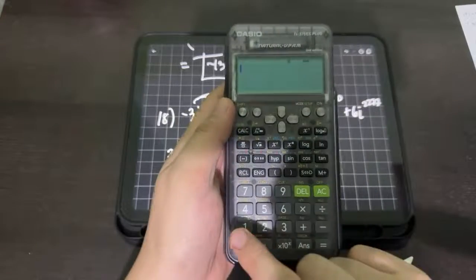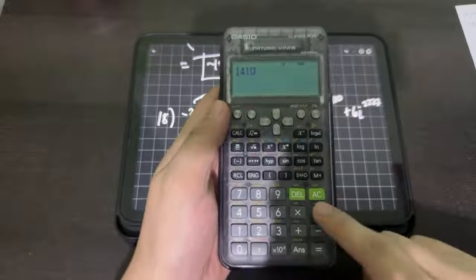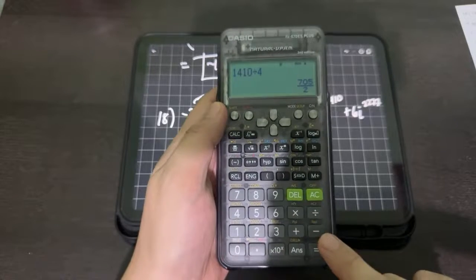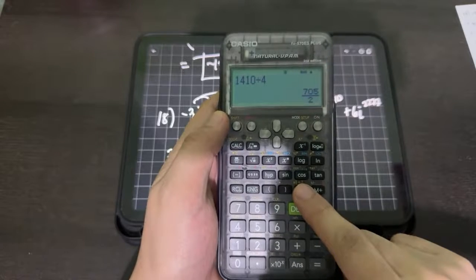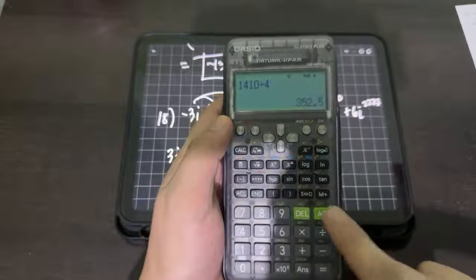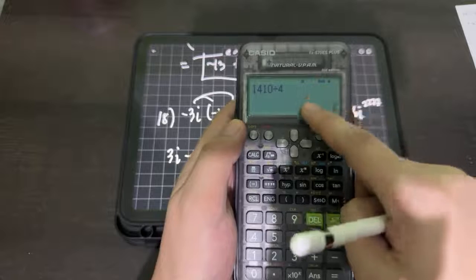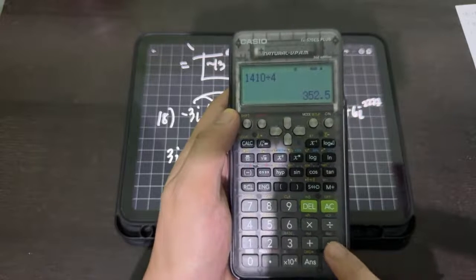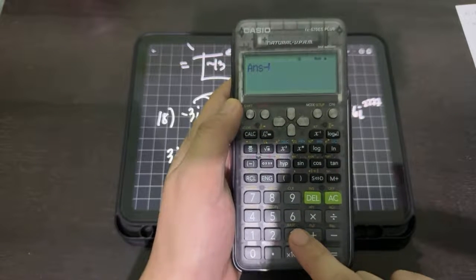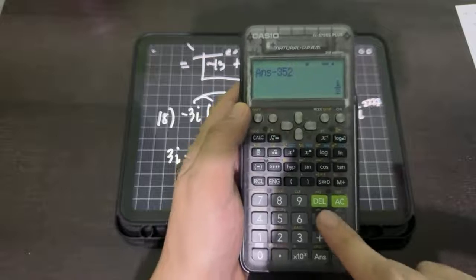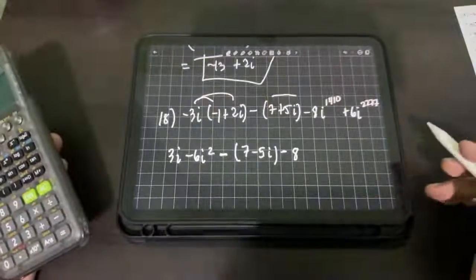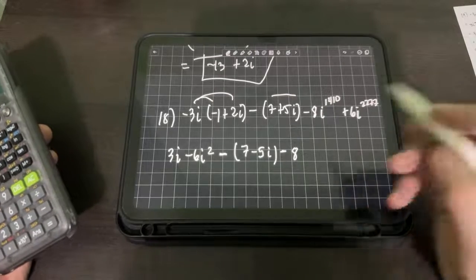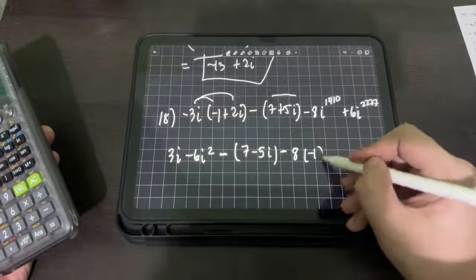So let's divide 1410 by 4. Okay, it is a fraction, therefore there's a remainder. So transform to decimal, press this button. From this answer, subtract the whole part, minus 352, then times 4. The remainder is 2. When the remainder is 2, it means it's equivalent to negative 1.